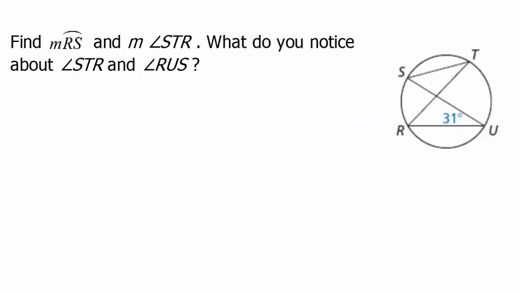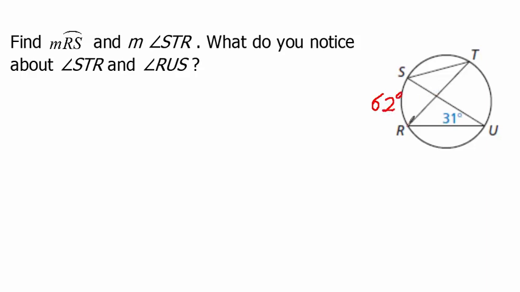So let's take a look at arc RS and angle STR. So for STR, we don't have any information on. So let's start by getting this arc right here. So we notice this arc is intercepted by angle U. So that means this has to be double the inscribed angle.